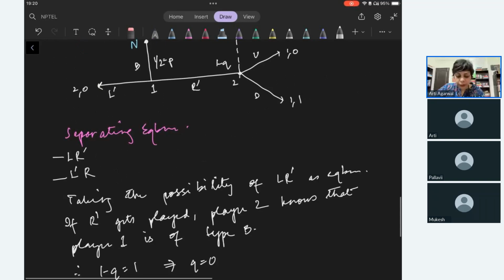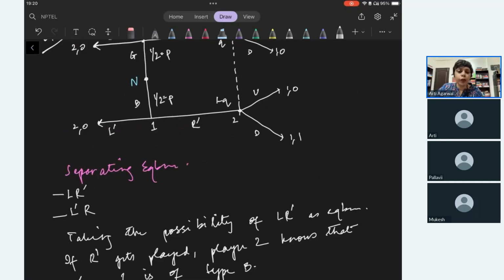If R prime gets played, then the type of player 1 is revealed, which means 1 minus Q is equal to 1. With certainty, he knows that he is at node number 1. Now, if he is not at node number 1, with certainty he knows that he is at the node followed by R prime. And Q is equal to 0.